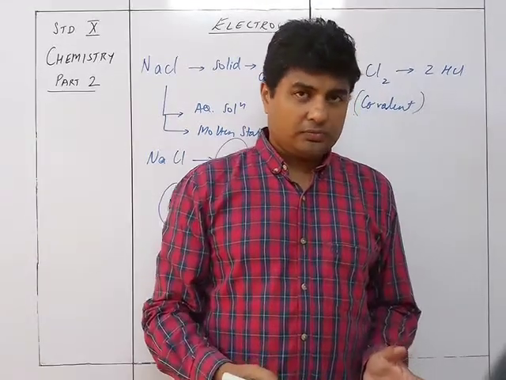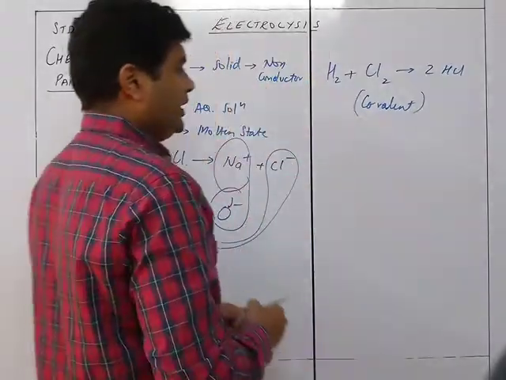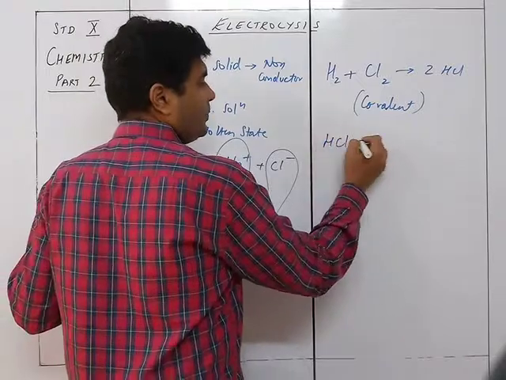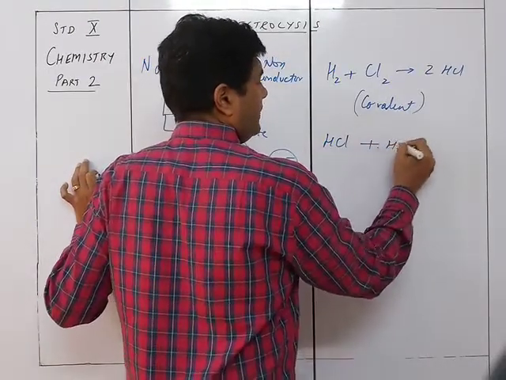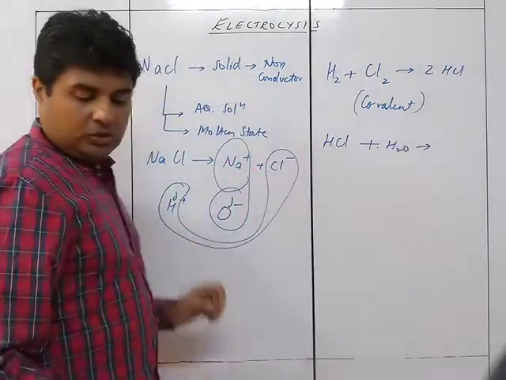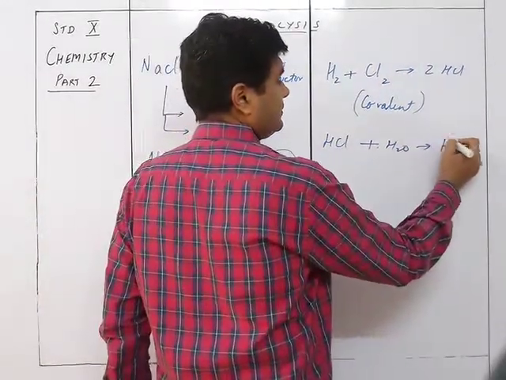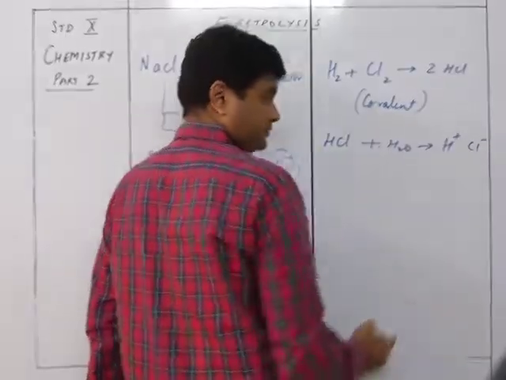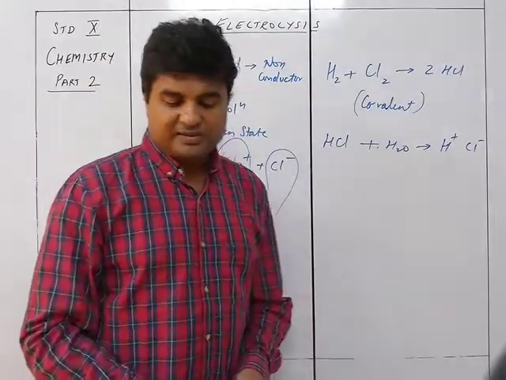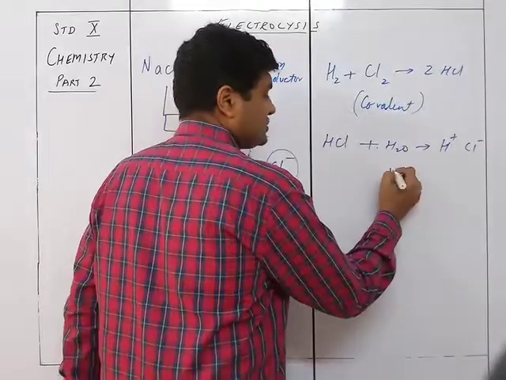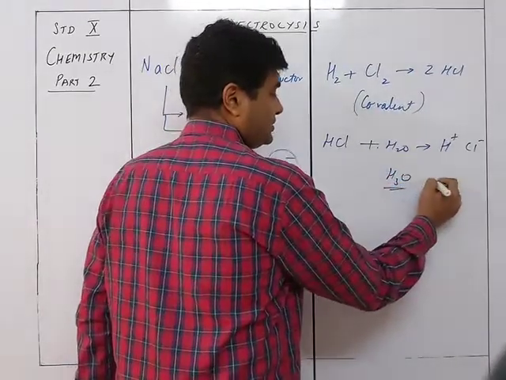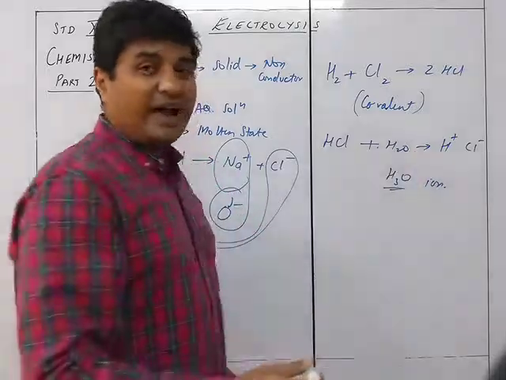over here it will be seen that HCl, when it comes in contact with water, is going to give rise to H plus and Cl minus, because of the formation of H3O plus ions, which is because of the formation of the acid.